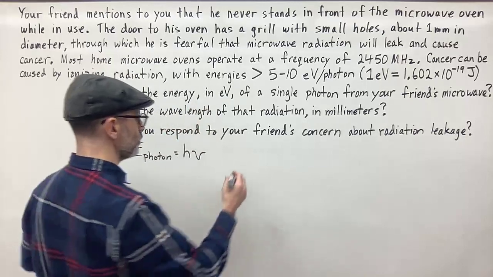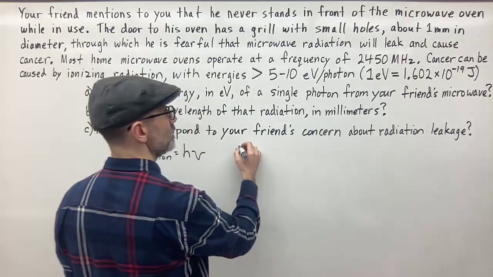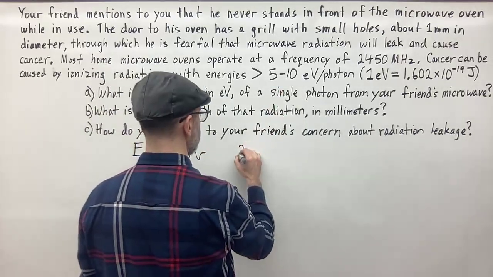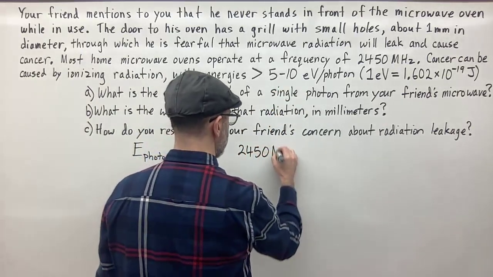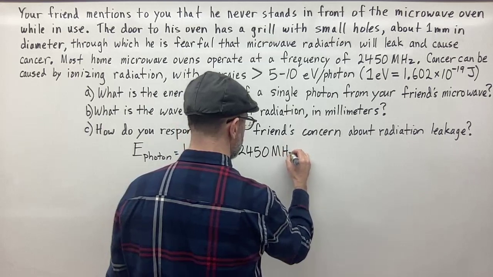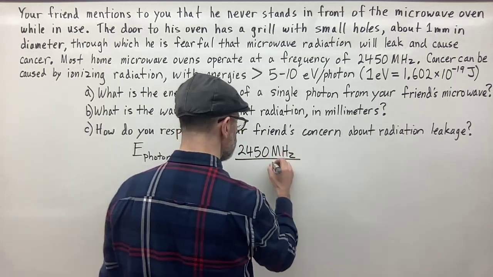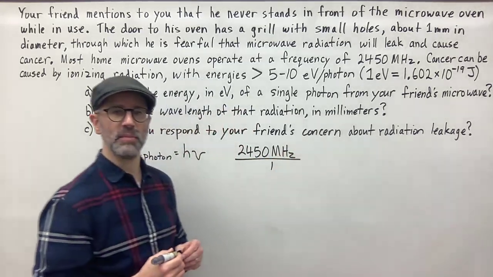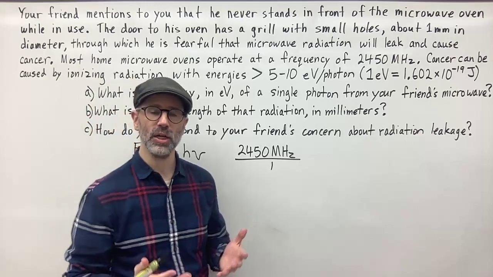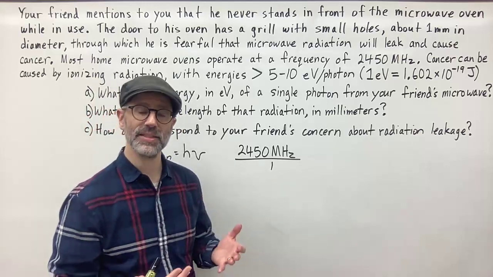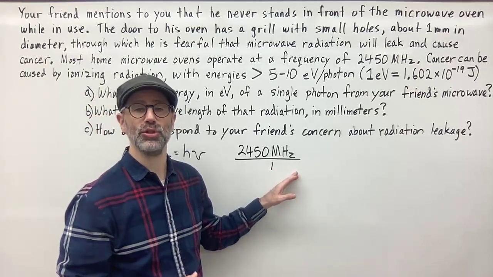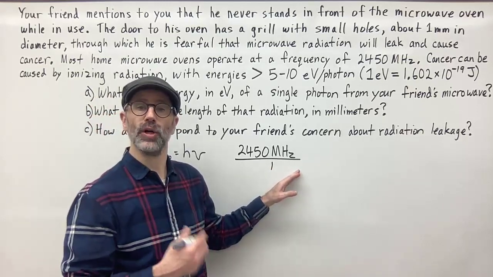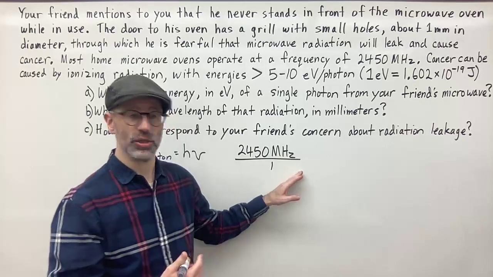So first thing we want to do is convert 2450 megahertz into hertz. Well, what does mega mean? Mega means 1 million, or 10 to the 6. So 1 megahertz is equal to 10 to the 6 hertz.